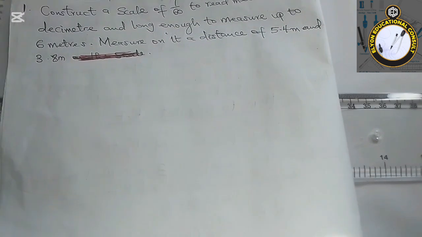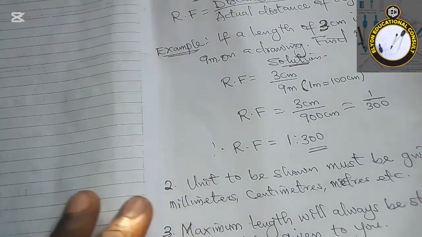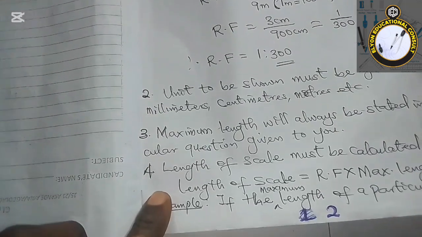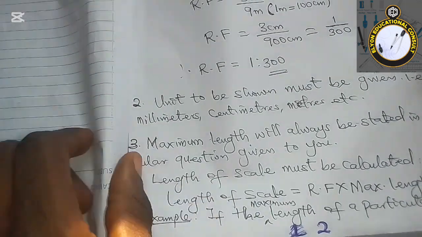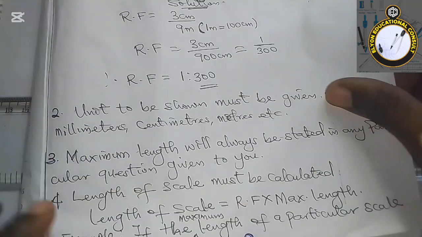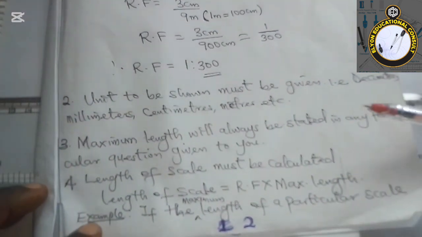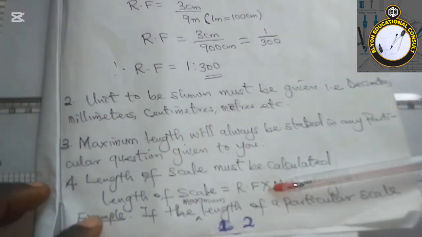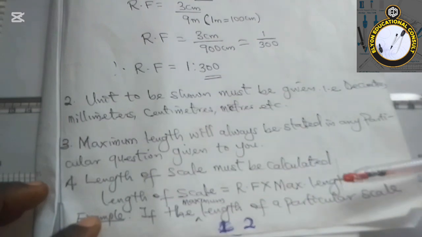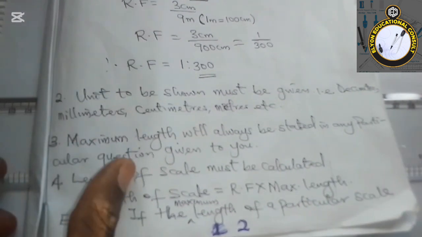So the only thing that we need to calculate now is the length of scale. How do we calculate the length of scale? We are going to say the representative fraction multiplied by the maximum length.